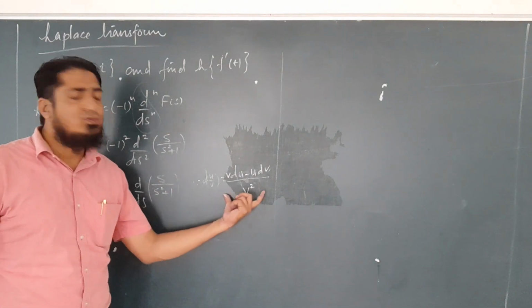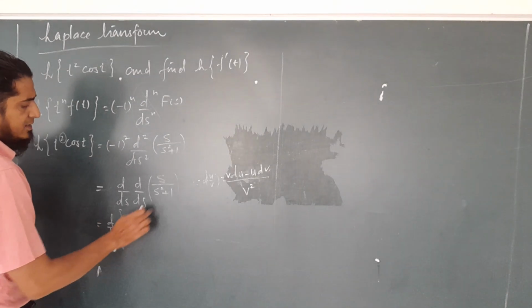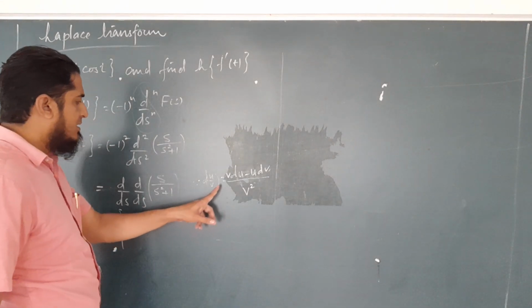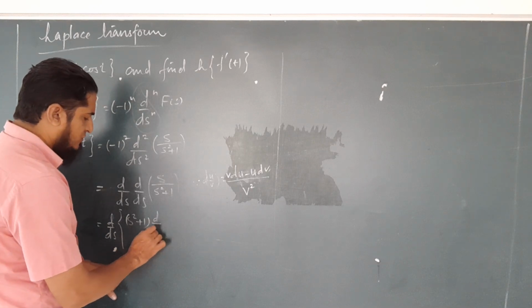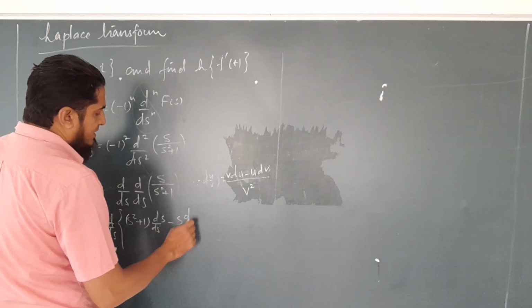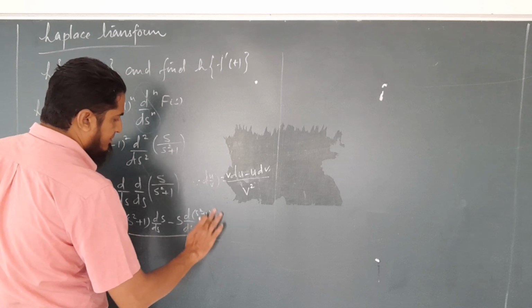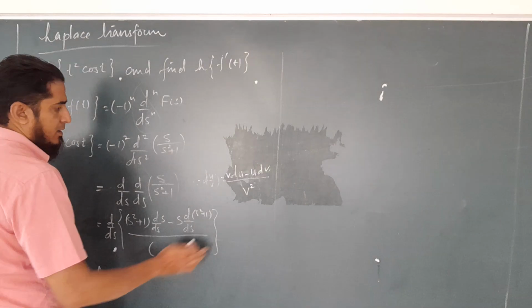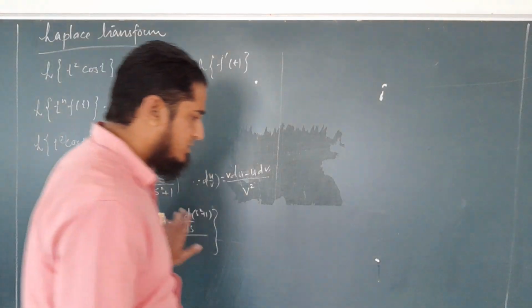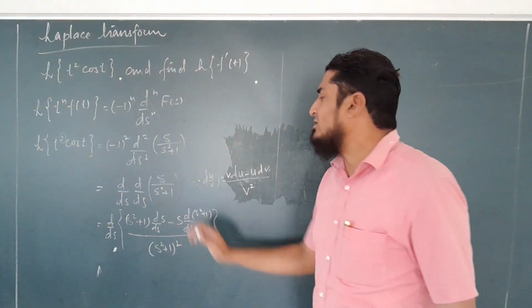So we take d by ds as it is, then s square plus 1, since it is the value of v, outside, differentiation of s with respect to s, minus s outside, differentiation of s square plus 1, and in the denominator s square plus 1 bracket square. We use this formula to differentiate s upon s square plus 1.